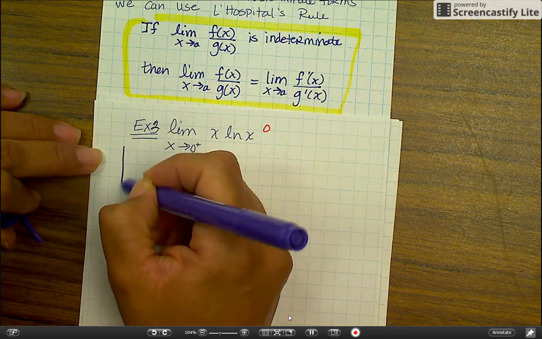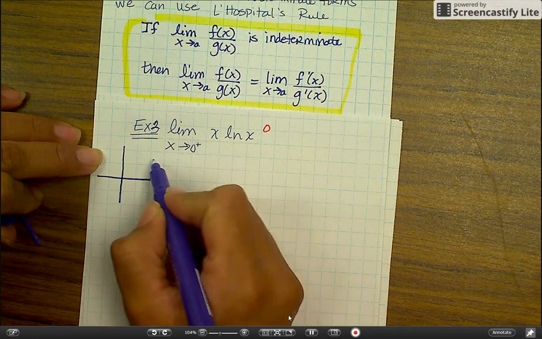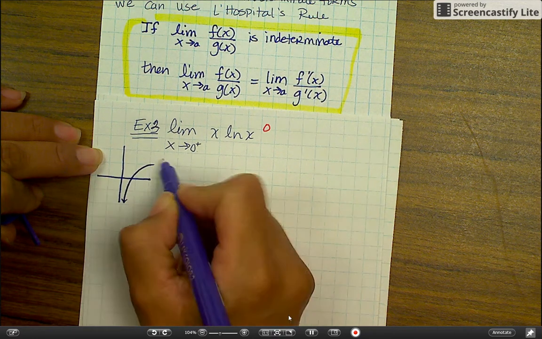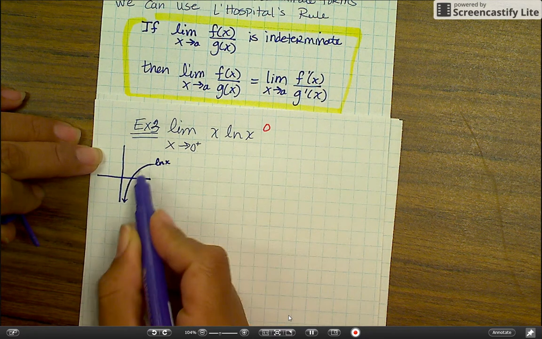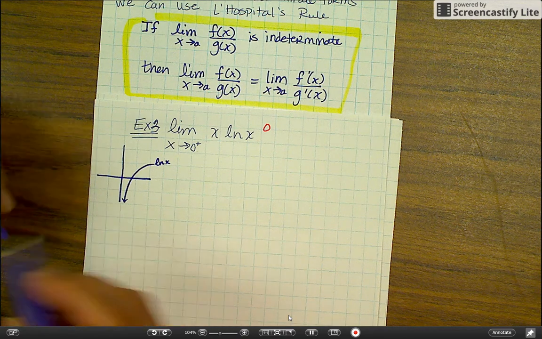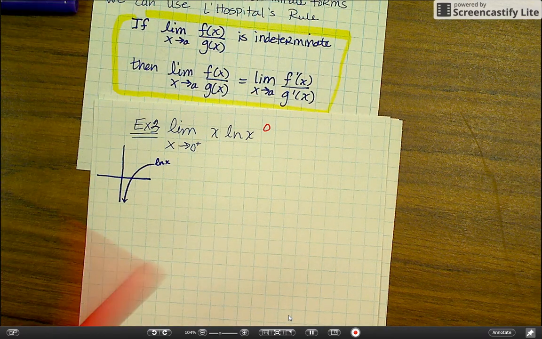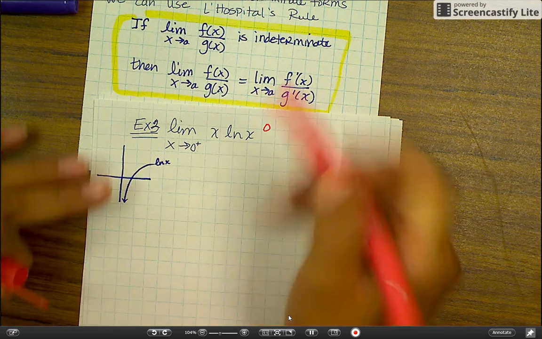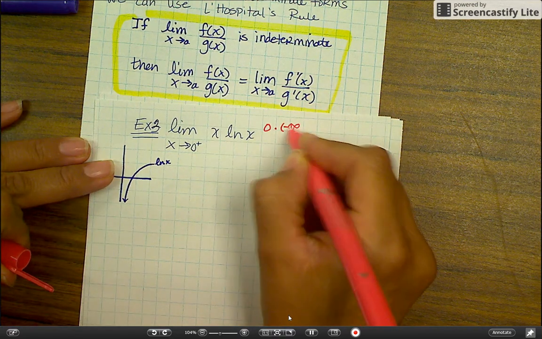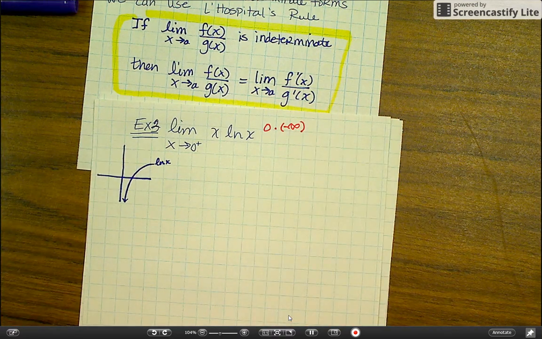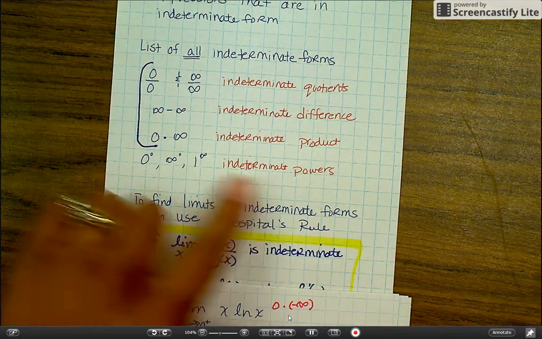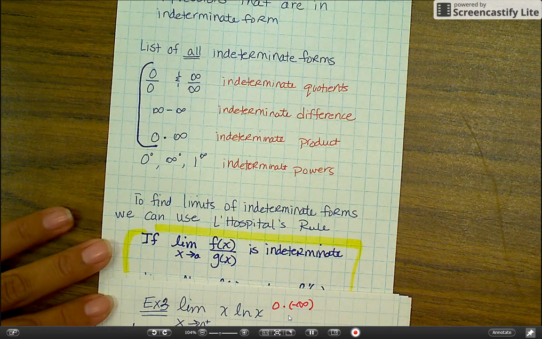I am looking at what's happening as I approach 0. And this is my natural log graph. So as I approach 0 from the right-hand side, where is my expression going to? It is going to negative infinity, which is an indeterminate form. It's an indeterminate product. So therefore, we will apply L'Hopital's rule.